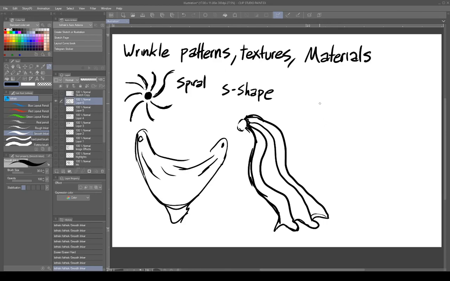The more rigid your clothing material is, the more harsh its wrinkles are going to be. So if I'm taking one of the sides of a pair of jeans or something like that, say I'm drawing a leg out here, right?